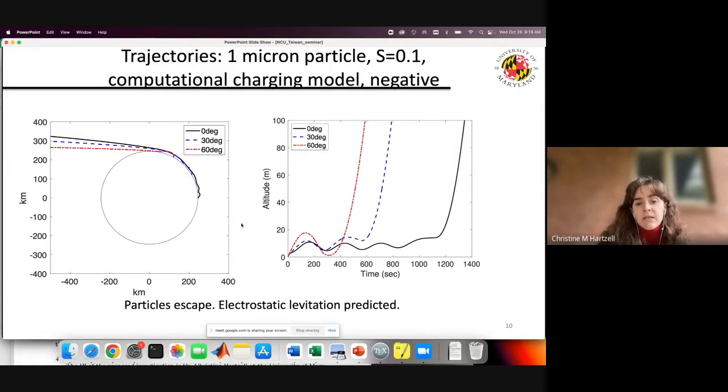We also see that if we just plot the trajectories in terms of altitude as a function of time, we get this altitude oscillation, and that is electrostatic levitation that we had talked about in the beginning of the talk. So this model predicts that for these 1 micron particles, they could be lofted at a variety of different times during the day, and they may electrostatically levitate before escaping from the asteroid.